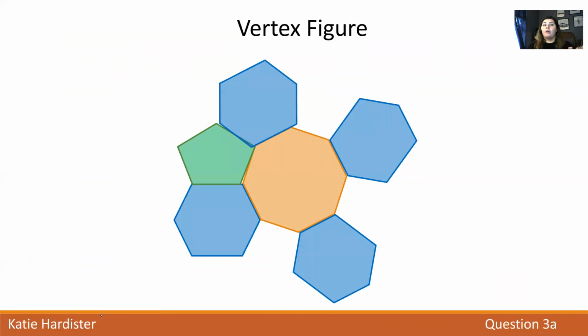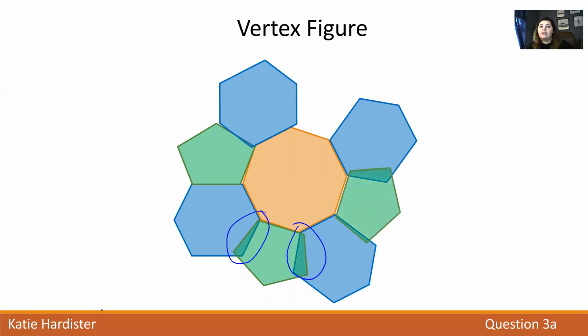So what we're trying to determine is, is this a tessellation or a vertex figure? Meaning, does it overlap? If it does overlap, then it's not. So we're just going to go ahead and fill this out and see if it overlaps. So I see here that our shape begins to overlap some. Immediately I would know at this point that it's not, but for fun, we'll just keep on going.